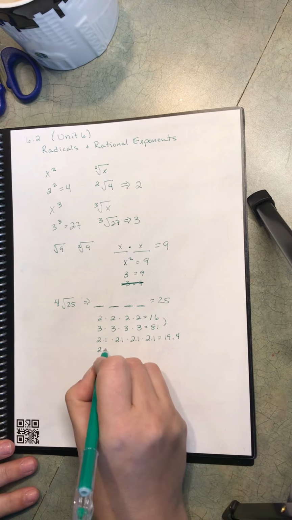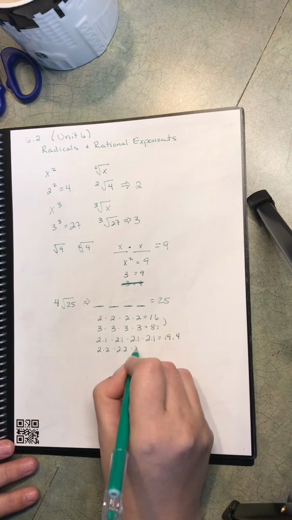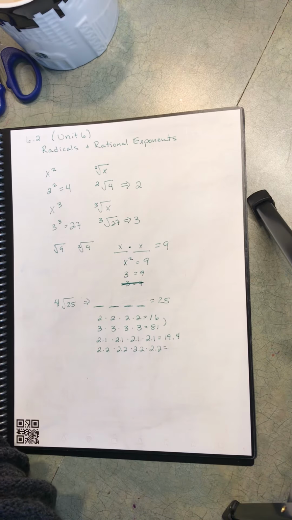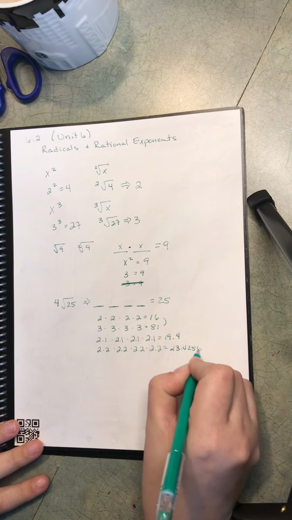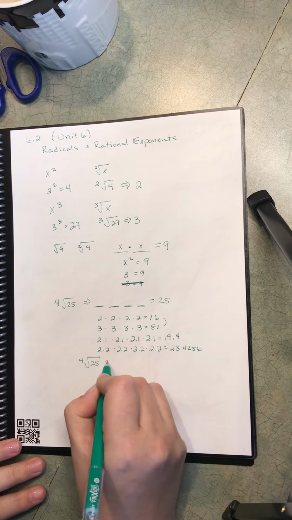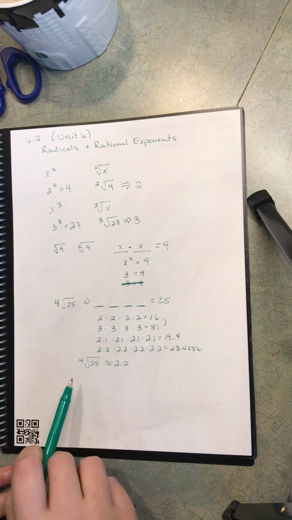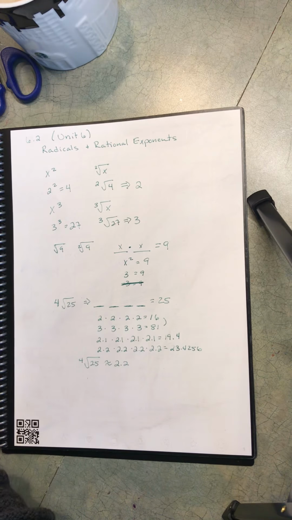So I'm just going to go with 2.2. And 2.2 to the 4th power is 23.4256. So I'll just say the 4th root of 25 is approximately 2.2. So they're really just asking you, without knowing how to operate roots so much, to just think about what that root could be.